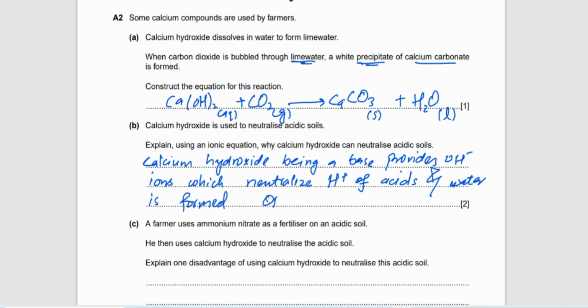Like hydroxide ions, aqueous, react with the hydrogen ions from the acids, so H2O liquid will be formed. Okay, water will be formed.